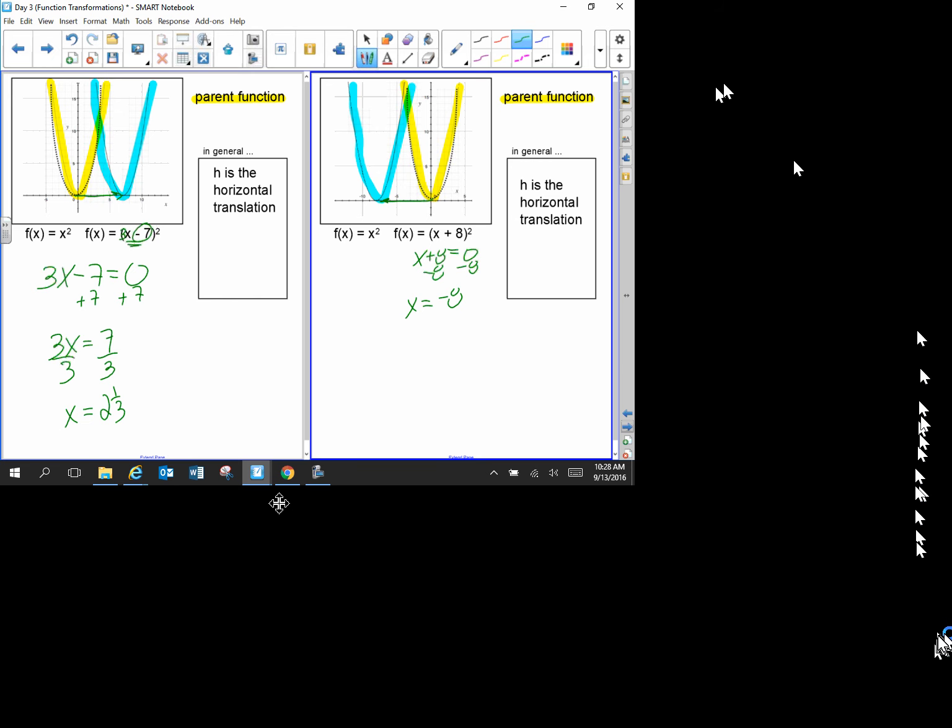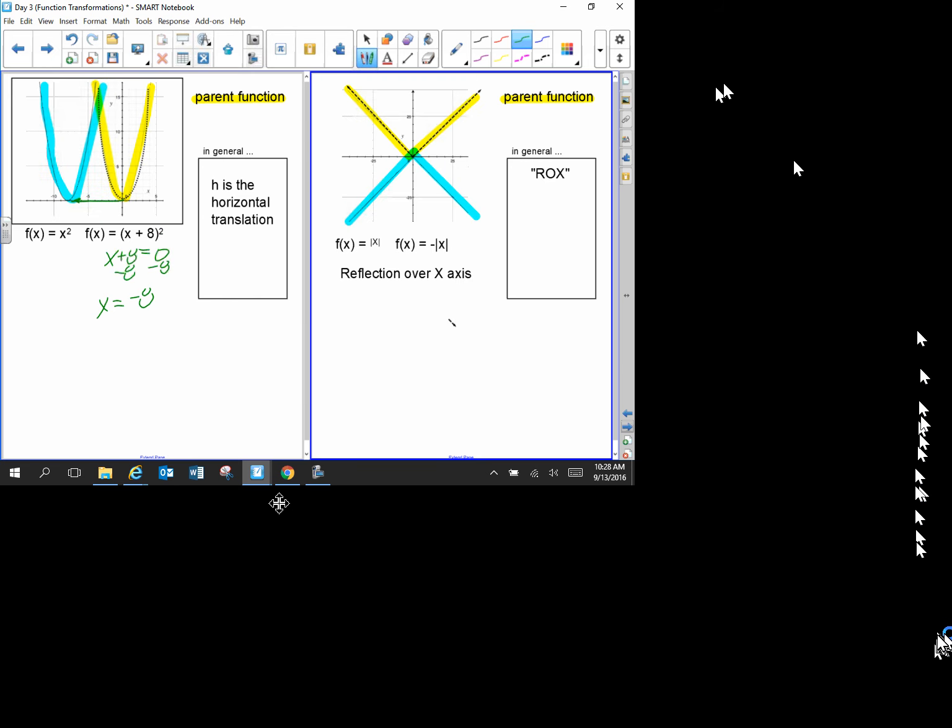Whenever we want to reflect something, we can reflect it over the x-axis or over the y-axis. A reflection over the x-axis is something moving vertically, up or down.